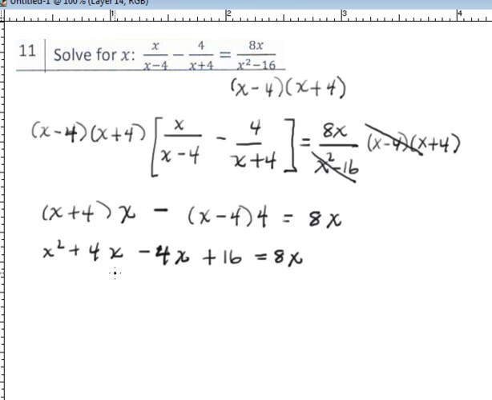All right, let's put this in standard form. Notice here we have a 4x minus 4x, so those cancel. And we'll subtract 8x from both sides, and we're going to end up with x squared minus 8x plus 16 equal to 0.